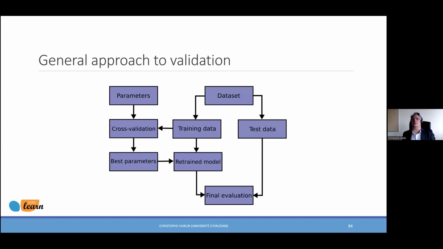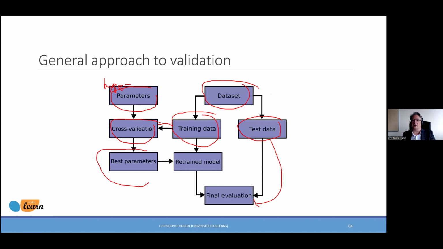So let me summarize a general approach for the validation. You have the data set, which is split, and the test set is only used for the final evaluation. Your training data set is used for the cross-validation, and you fix not the parameters but the hyperparameters. This is important to distinguish parameters and hyperparameters.